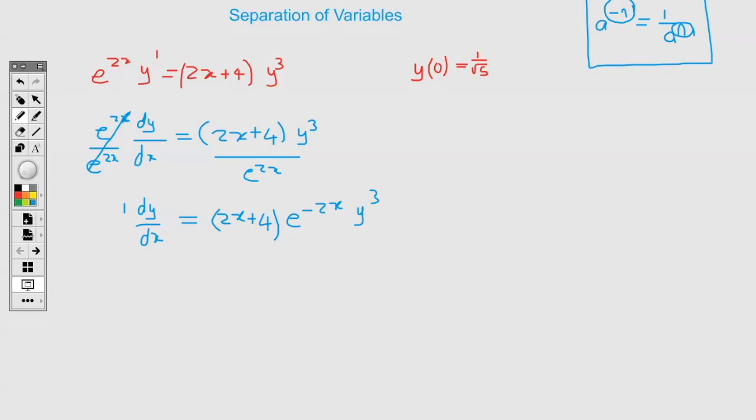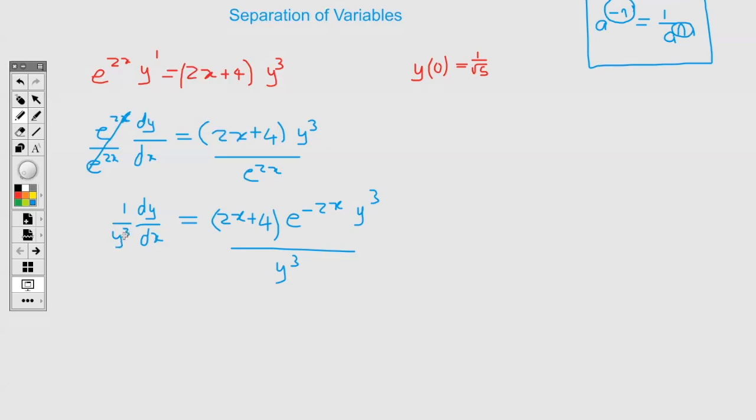We're not finished, because separation of variables means x on one side, y on the other side. So this y cube, I need to get it on the left. So I divide both sides by y cube.